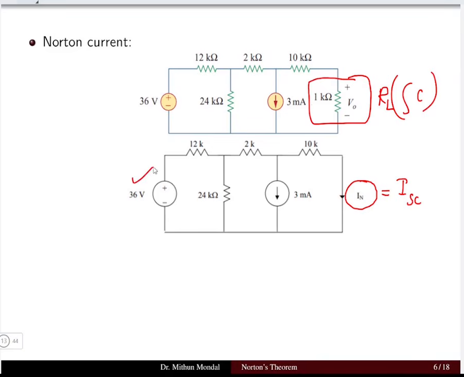So we have a 36 volt source, a 3 milliampere current source and the other resistances. We have to determine the value of I Norton. The value of I Norton, that is the short circuit current, we can determine by different techniques, whether it is KVL, KCL, superposition, source transformation, or any theorem we can apply.